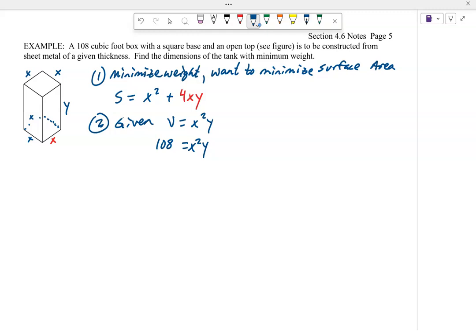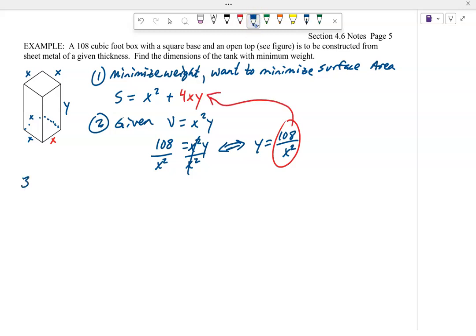And so the easiest variable to solve for, since the degree of y is just y to the 1, is y. So I'm going to divide both sides by x squared here. So I have y equals 108 over x squared. And I'm going to go ahead and throw that in right there.